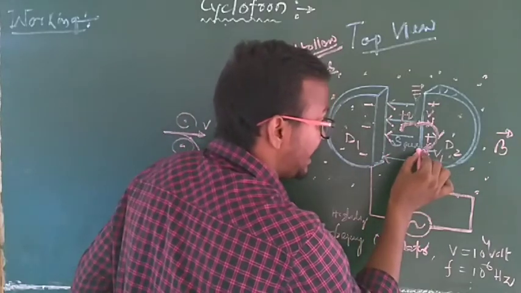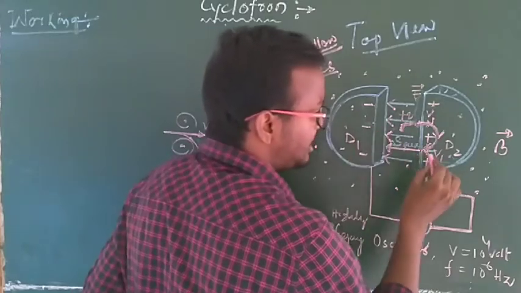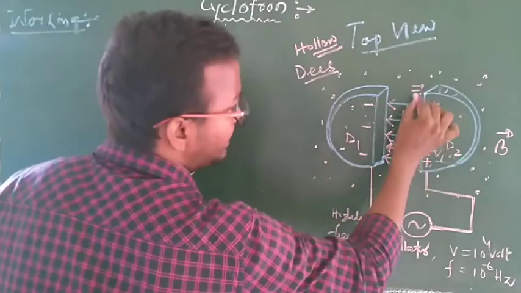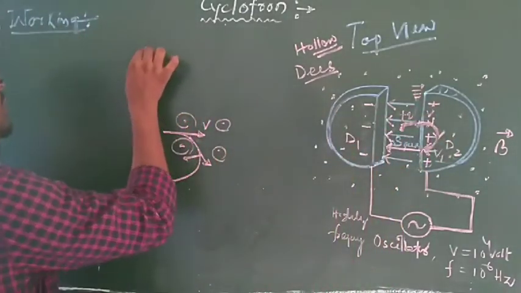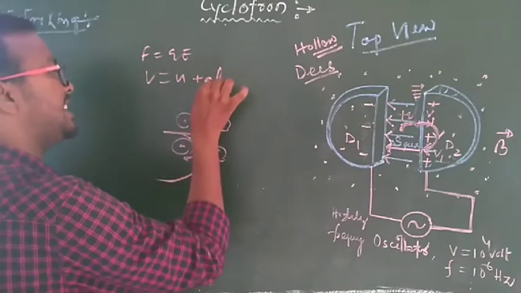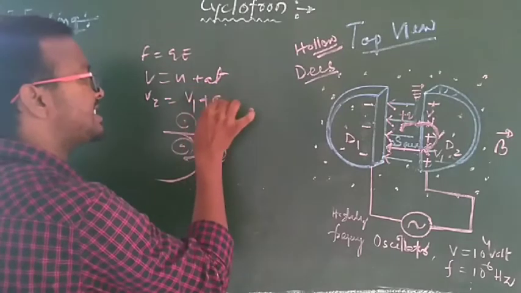But now when the charged particle just comes out from this D2 and enters the electric field, it changes its velocity, because there is electric field strength E. We know F equals QE and V equals U plus AT, so V2 equals V1 plus AT.